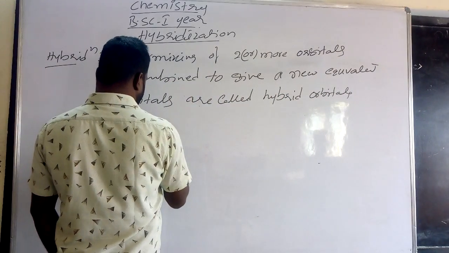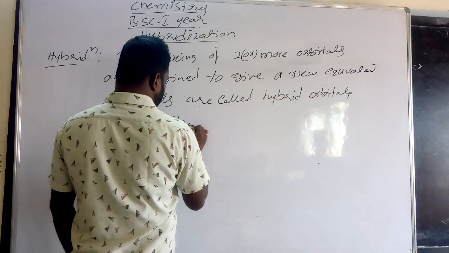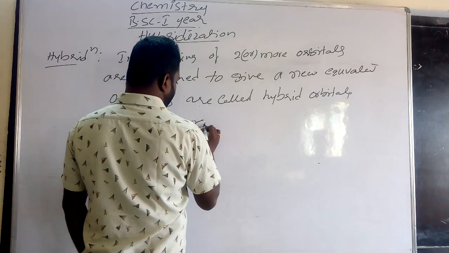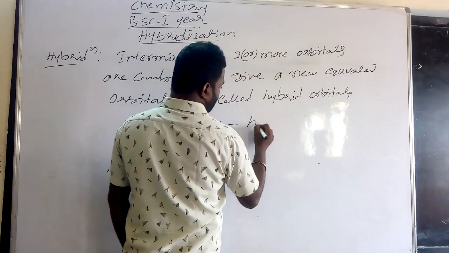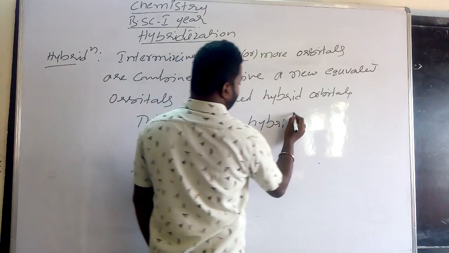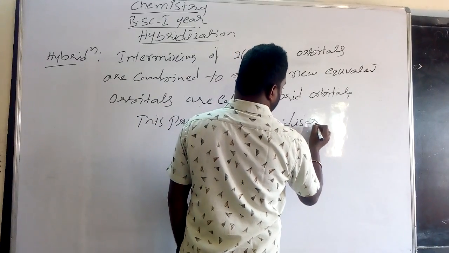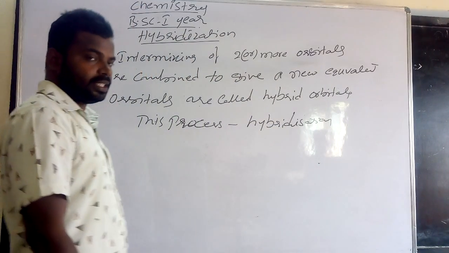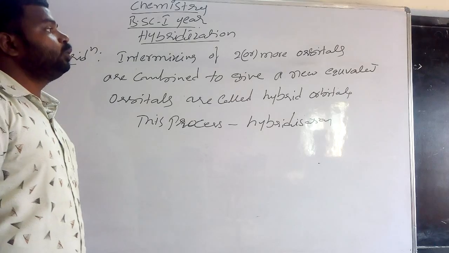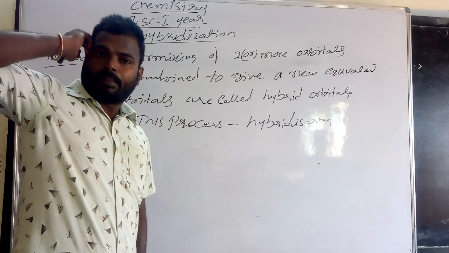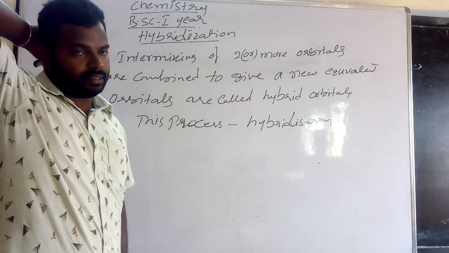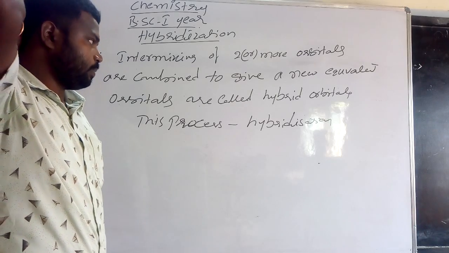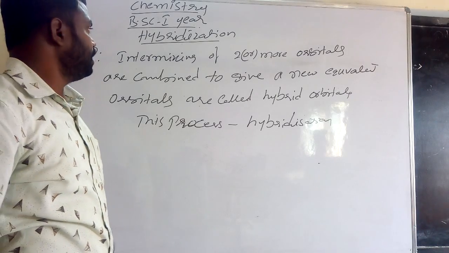This process is known as hybridization. Simple. What is hybridization? Intermixing of two or more orbitals are combined to give new equivalent hybrid orbitals. This process is known as hybridization.